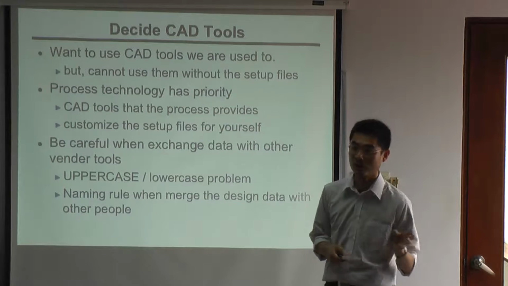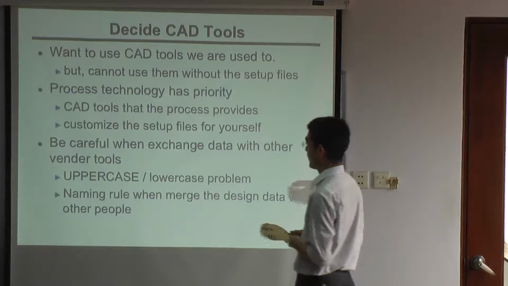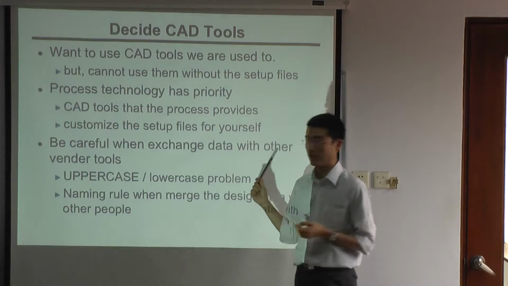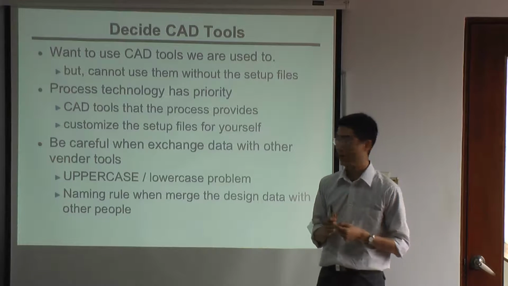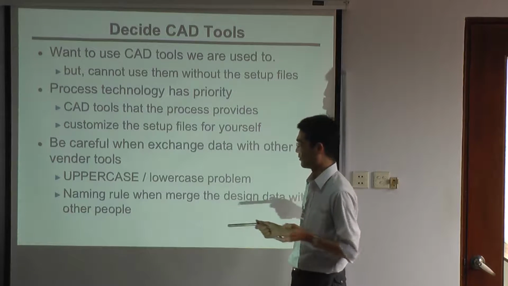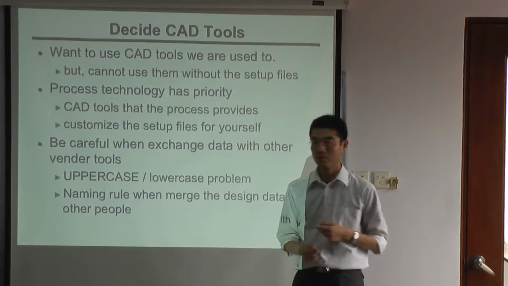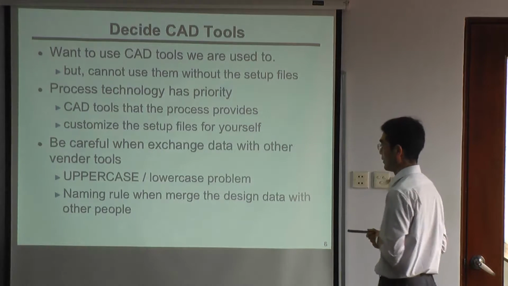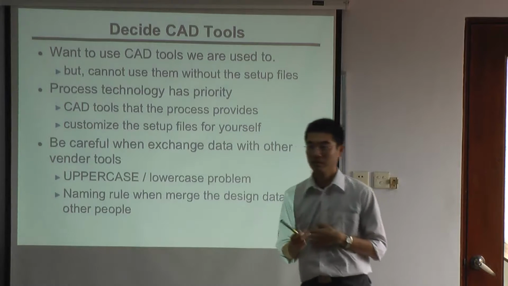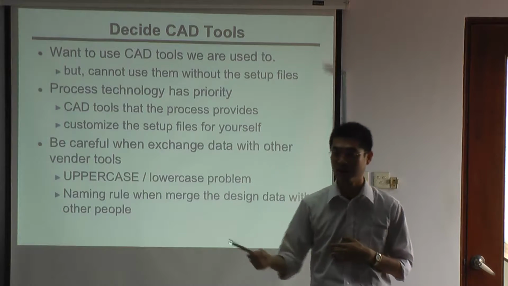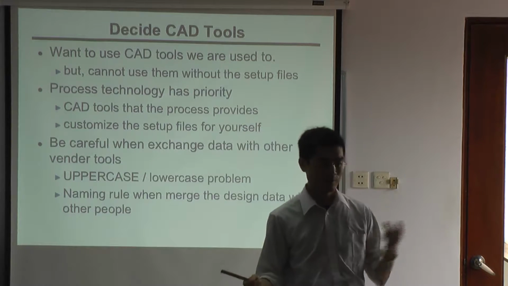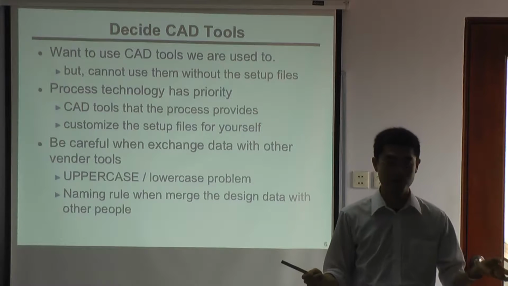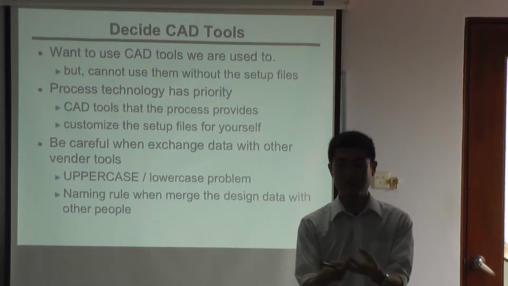So in order to avoid the trouble, maybe you have to decide the rules before starting design. For example, you will use uppercase or lowercase for cell names. And maybe also designer 1 uses inverter 1 and designer 2 uses the same thing, inverter 1. When they merge, you have both.